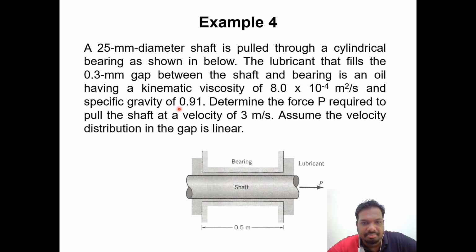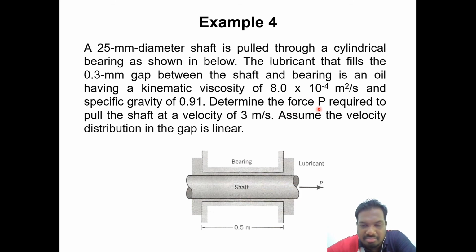Determine the force P required to pull the shaft at a velocity of 3 meter per second. They asked to calculate the force P. P here is not pressure, it's force because it's mentioned here.